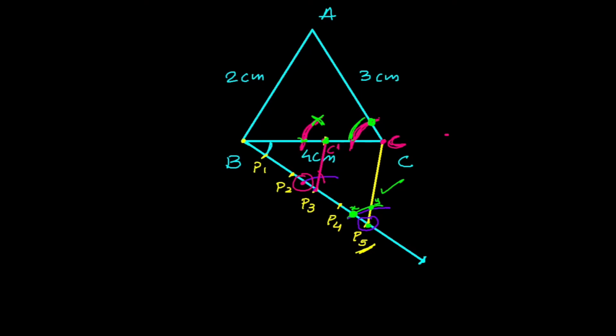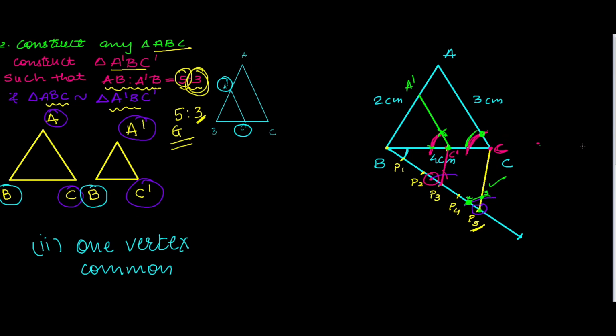So let us connect like this. This will be parallel to AC. Now we got your A'. So this type of construction is there. With a few more examples from practice set 4.1, we will be able to understand this concept in more detail.